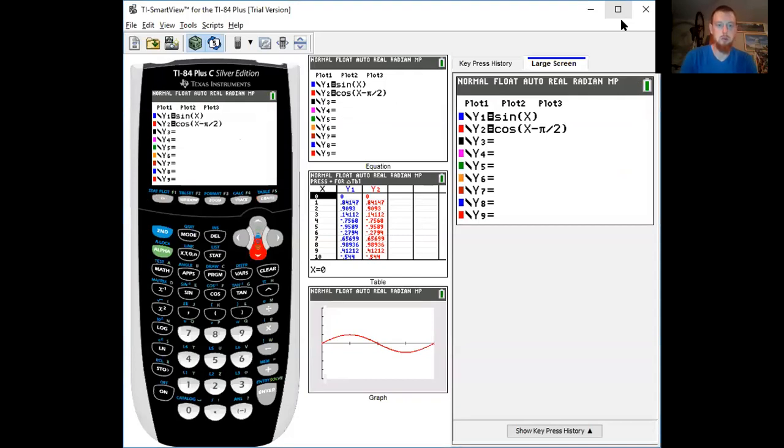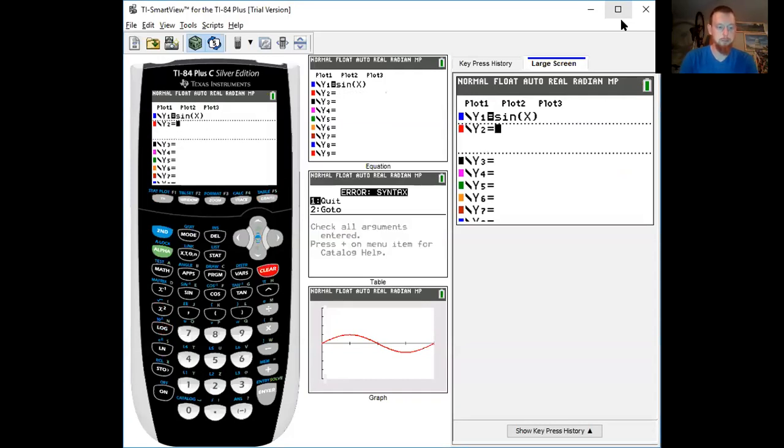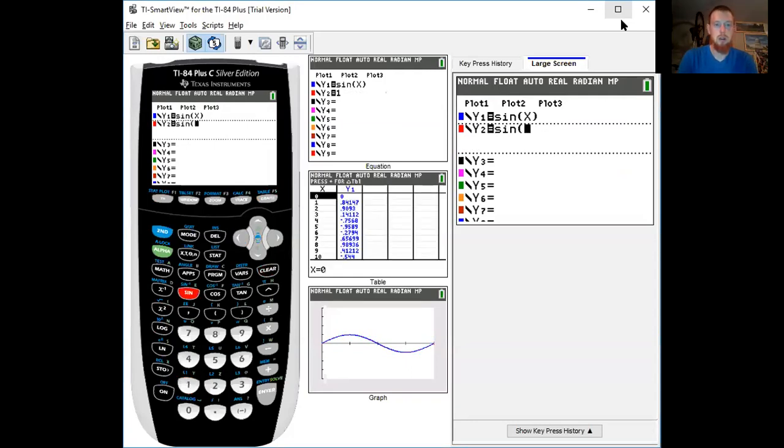So I'm going to clear this one out. Let's look at sine. Oh, that's not what I wanted to do, sorry. Sine of x, and let's add 2.